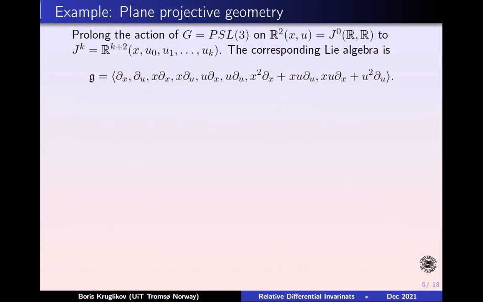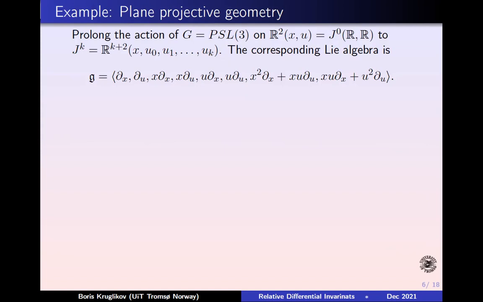So let's consider an example. So here's the projective action on the plane. Okay, I take the group PSL3 and I act on the plane R2 with coordinates x and u. Well, in fact, of course, the PSL3 group doesn't act on R2, right? It acts on P2.